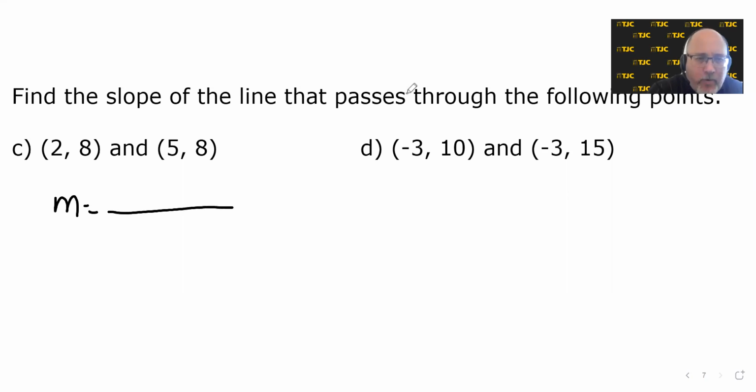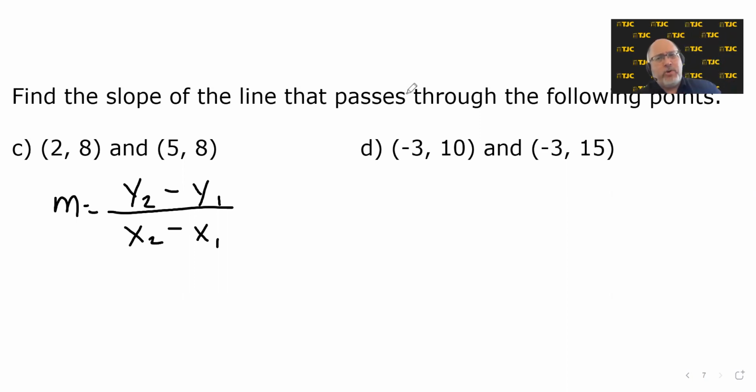Let's start by writing our formula again. To find the rise, subtract the y's, second minus first, and it could be first minus second, as long as you're consistent. If on the top you put y1 minus y2, then you would have to put x1 minus x2 on the bottom. Just make sure that the order of the subtraction is the same on the top and bottom, and it really doesn't matter whether it goes 2 and 1 or 1 and 2.